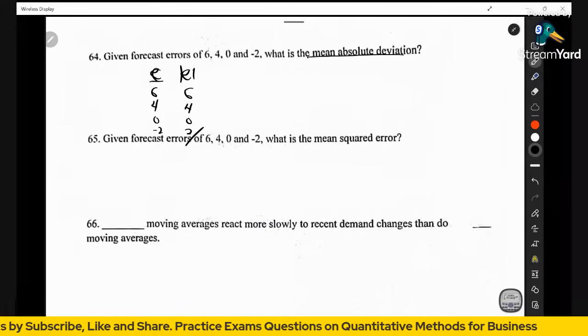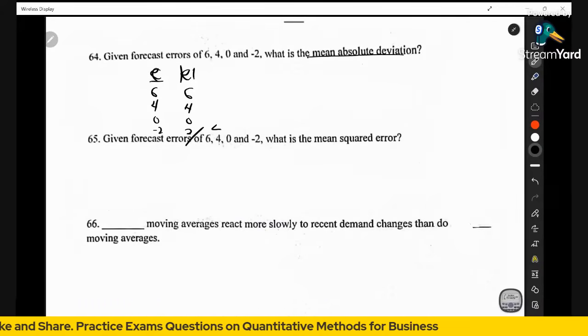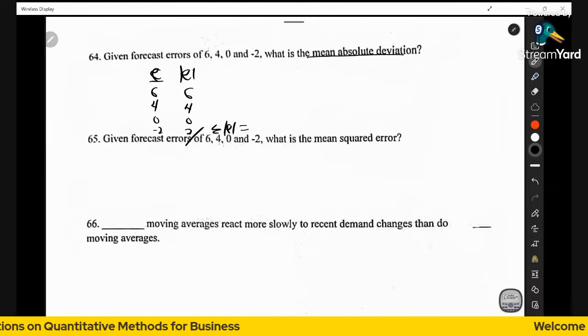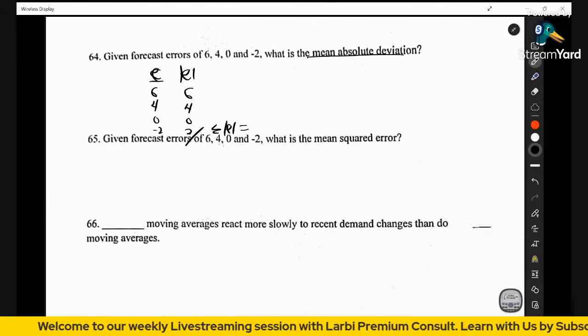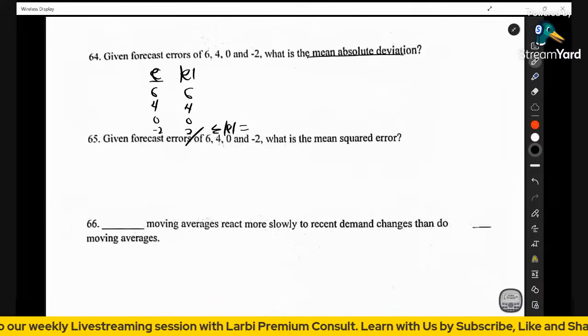So we just have to sum them up. What will be the total summation of the absolute of the errors? 6 plus 4, you get 10. Then 10 plus 2, you are getting what? 12, right?